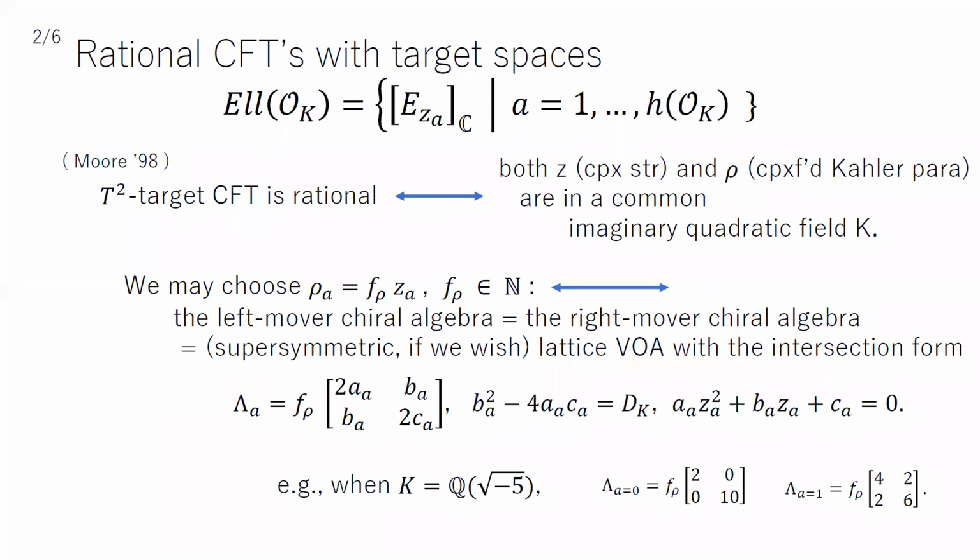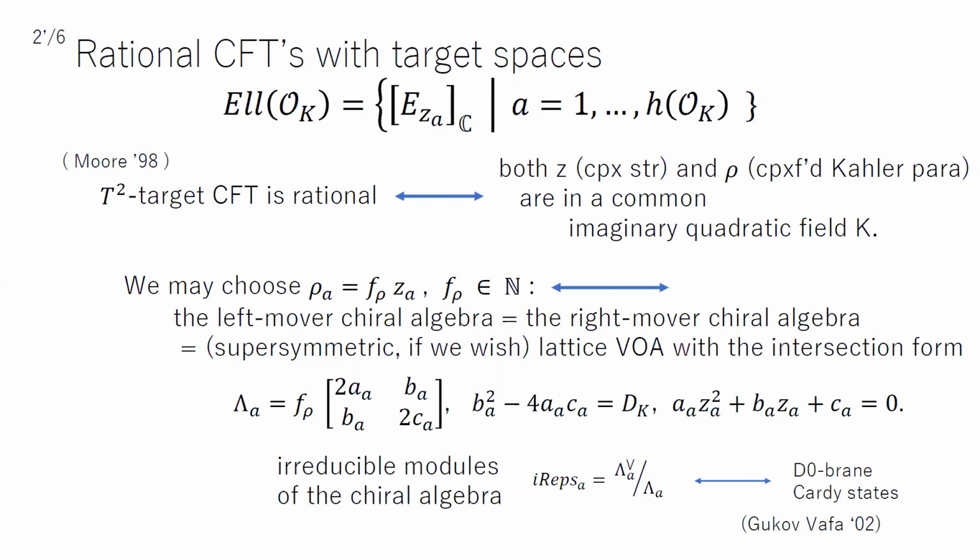So we can choose the complexified scalar parameters in such a way that the string theory formulation is going to be rational. And moreover, I choose the complexified scalar parameter to be an integer multiple of the complex structure parameter Z, and because I have freedom to do so, that's enough. Then when we choose in that way, the left mover chiral algebra and the right mover chiral algebra are identical, and a lattice VOA, with the lattice given in that way.